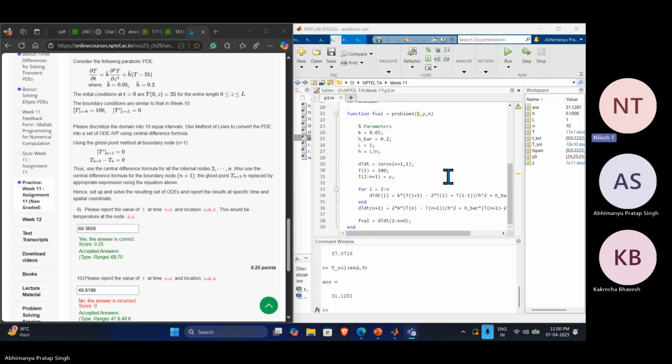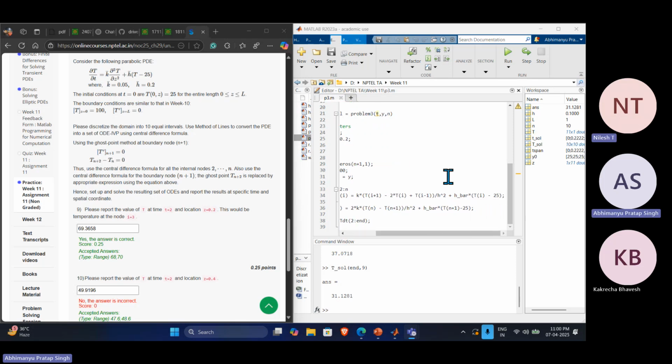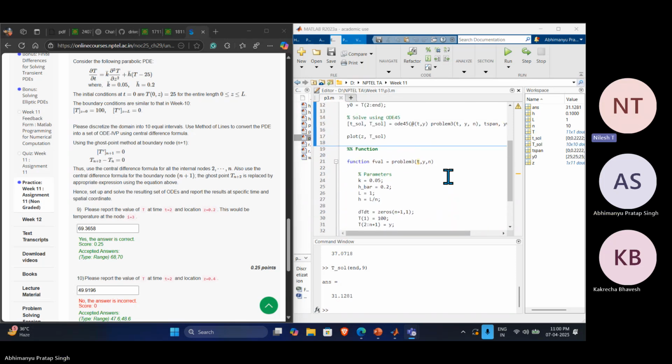You can share the code in chat and we can see. Just one minute, I will share.